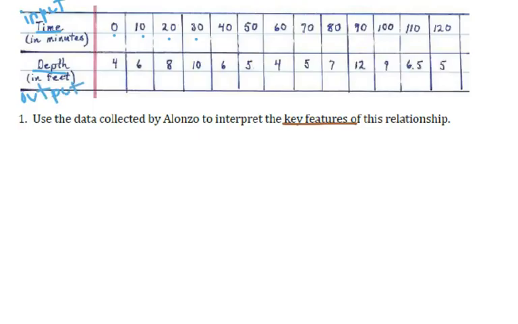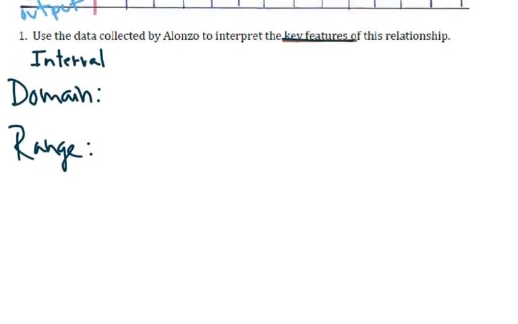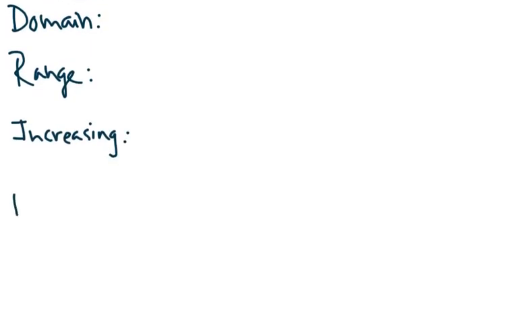Now remember, we've got the interval features, key features, and those would be the domain, the range, where our function is increasing, and where it is decreasing.